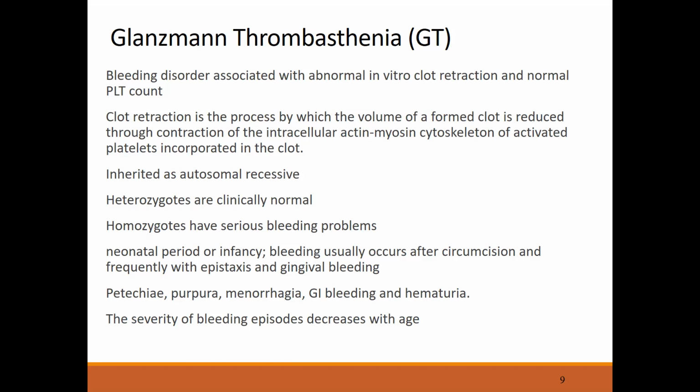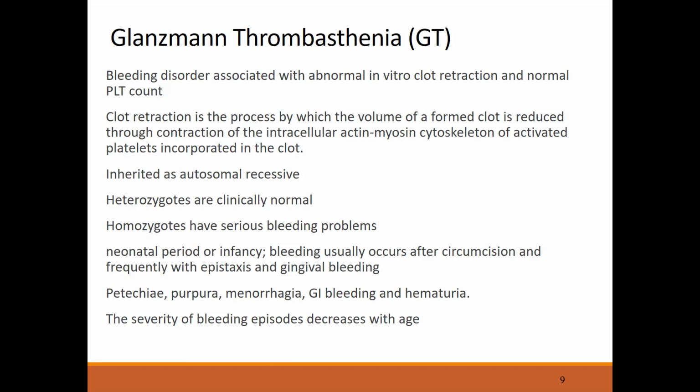This disorder is inherited as autosomal recessive. Heterozygotes, so people that only inherit one copy of the bad gene, are clinically normal. However, the homozygotes, those are the ones that have serious bleeding problems and complications with this particular condition.